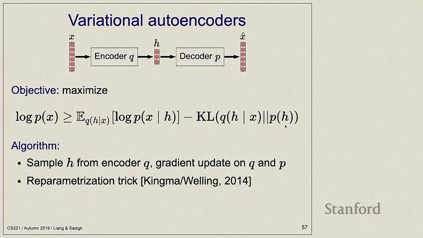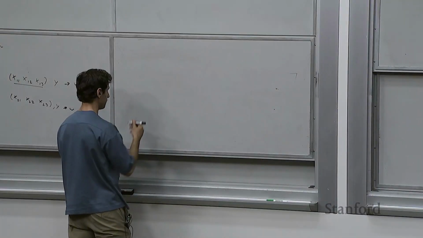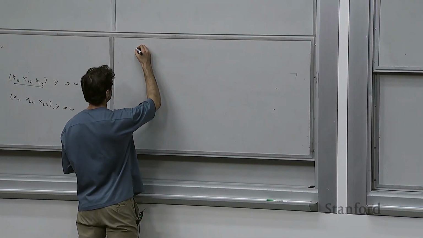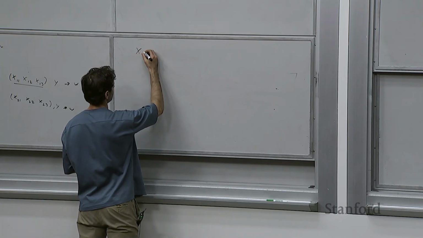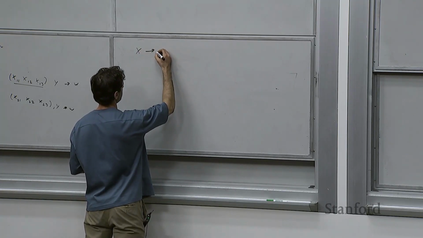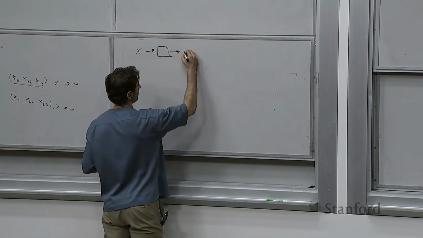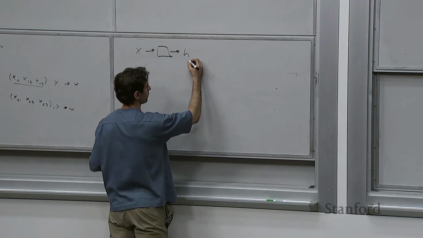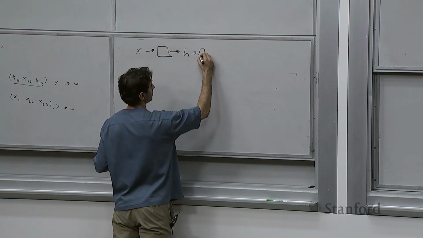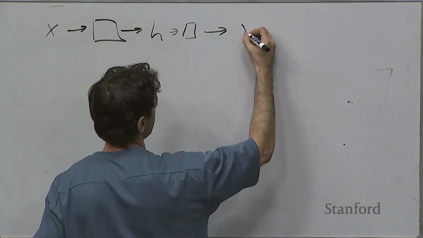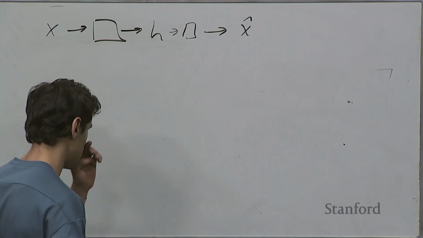So maybe a good way of thinking about this is, a traditional autoencoder would take my input, send it through some kind of encoder and map it into a hidden vector, send that through a decoder, and that would reconstruct my input.